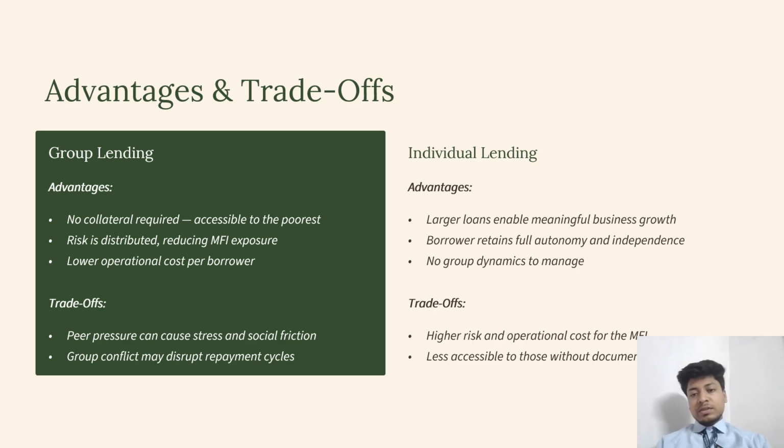Plus, the borrower retains full autonomy. They don't have to manage complicated group dynamics or worry about anyone else's mistakes. The trade-off for MFIs is higher risk and operational costs, because they assess everyone separately, and the loan is less accessible if the borrower doesn't have the proper documentation or income proof to back it up.